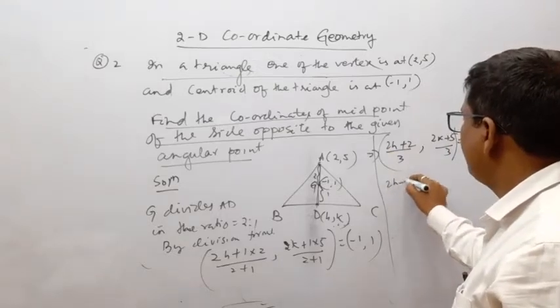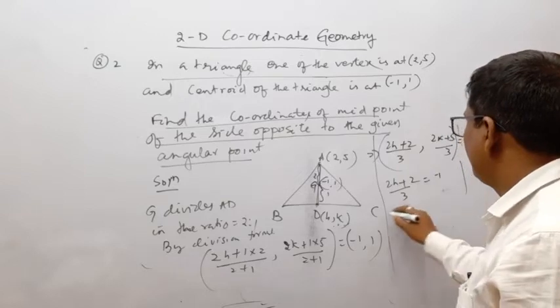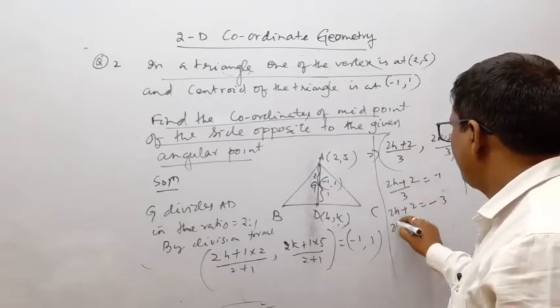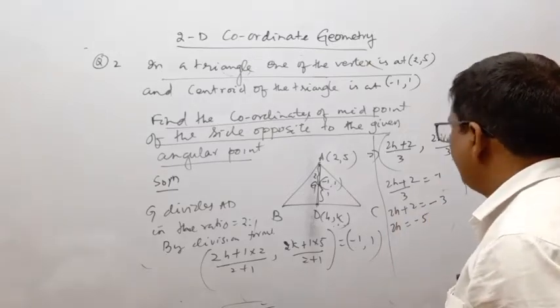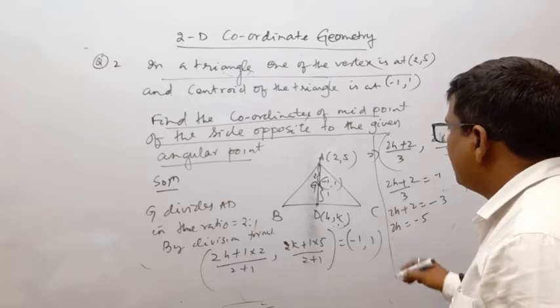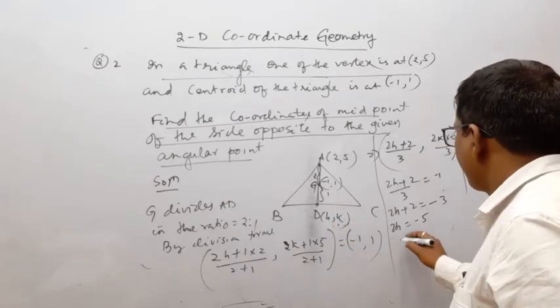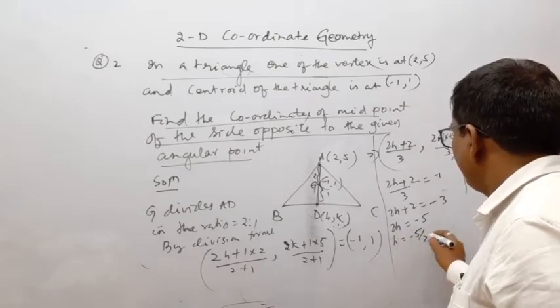So (2h plus 2) by 3 is equal to minus 1. 2h plus 2 is equal to minus 3, or 2h is equal to minus 5, and h is equal to minus 5 by 2.